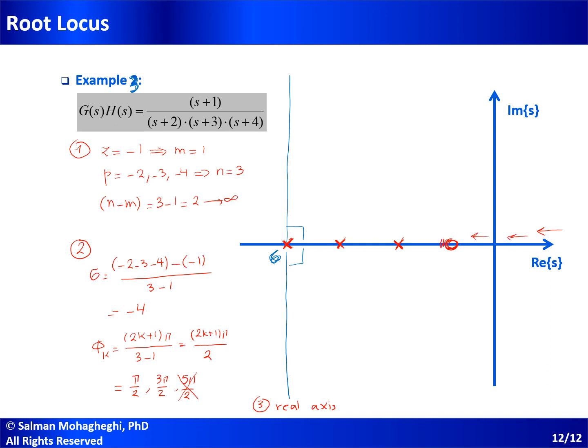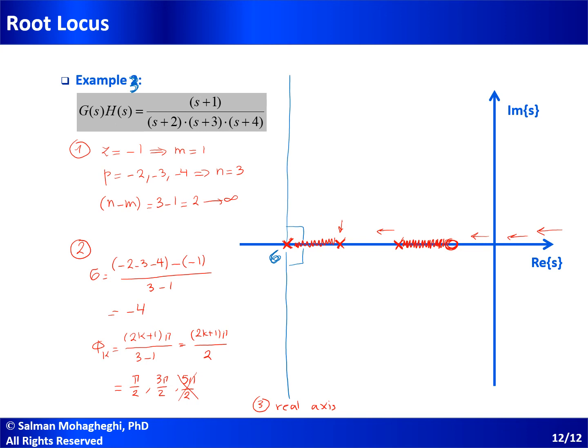Then I start having 1 to my right, so this becomes a part of the root locus until I get to this point. After this point, I will have 2 zeros and poles, or in other words, 1 zero and 1 pole to my right, so that's an even number, not a part of the root locus until I get to this point. At this point, once I start moving to the left, I will have 3 zeros and poles to my right, so that will become a part of the root locus.